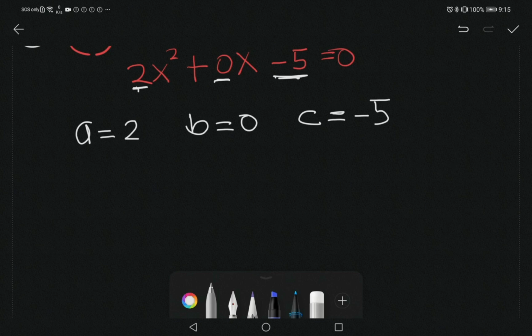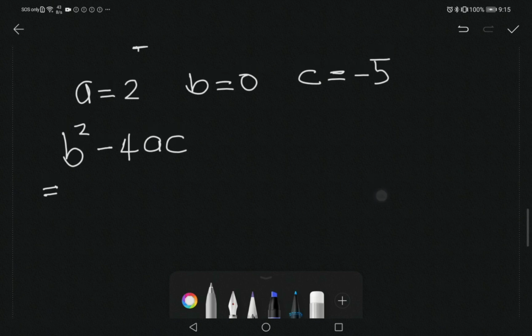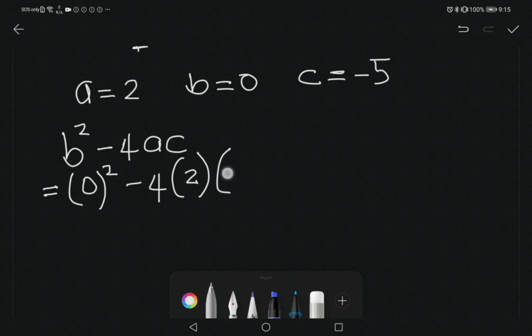Nya adto na sa formula sa discriminant. The formula of discriminant is b squared minus 4ac. So mao na siya itong pattern. So the value for b is 0. 0 squared minus 4. The value for a is 2. And the value for c is negative 5.